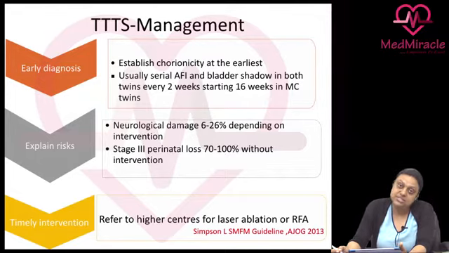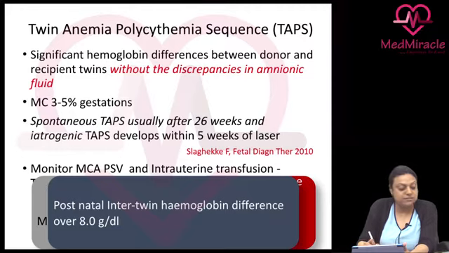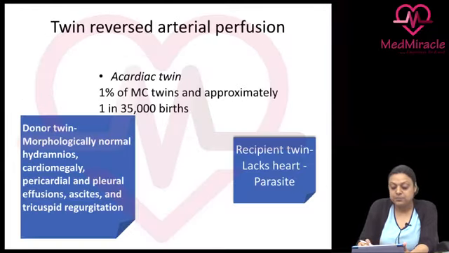In this condition, we have to monitor the middle cerebral artery peak systolic velocity, and in case one of the babies has severe anemia, we have to go for an intrauterine transfusion. So, twin anemia polycythemia sequence can be both spontaneous and iatrogenic after laser therapy. And the confirmatory diagnosis comes in the postnatal period when the intertwin hemoglobin difference is 8 grams or more.